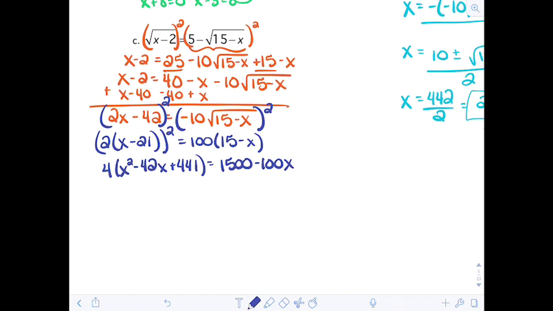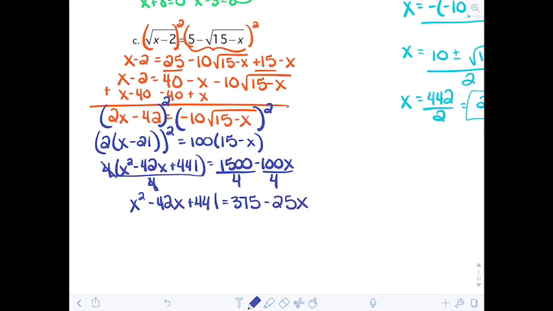Okay, now I'm actually going to divide both sides by 4. 4 goes into those evenly, so I am left with x squared minus 42x plus 441 is equal to 375 minus 25x. Okay, it's starting to look nicer.